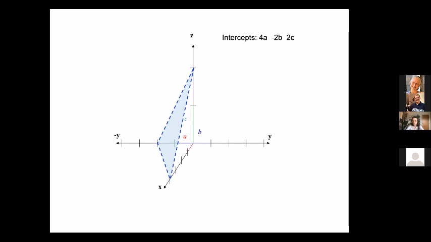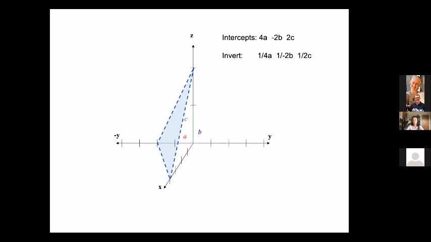Can anyone tell me what that would be inverted, all 3 of them? Yep, 1/4, -1/2, 1/2. Yep.